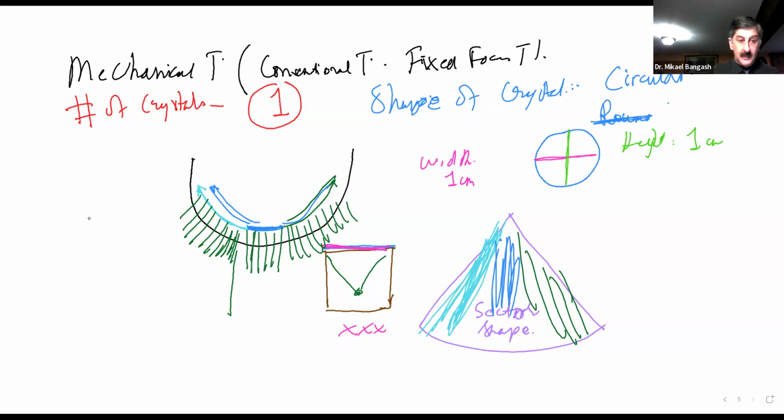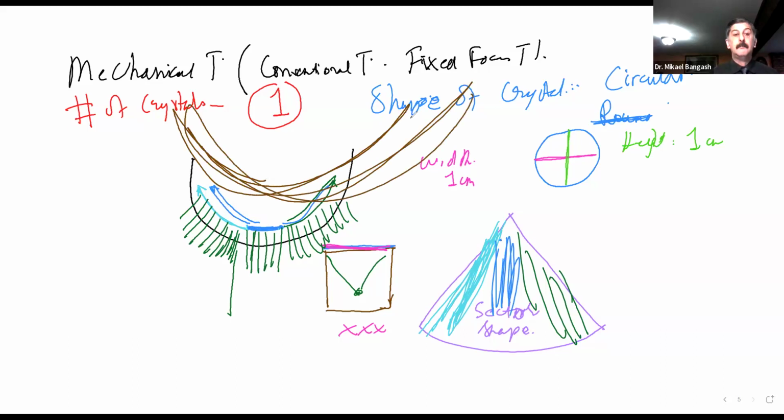Now, because in this instance the PCT physically moves from side to side, just like a roller coaster or those pirate ships, or like a pendulum, that's why in this case we say that the steering of the beam here is going to be mechanical.